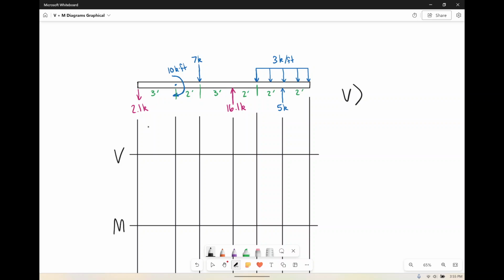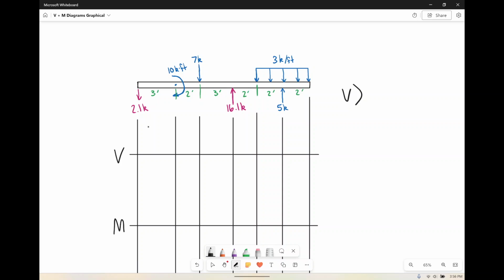For the shear diagram, if the load goes up, your shear diagram goes up. If your load goes down, your shear diagram goes down. If you have distributed loads, it's going to go down across every itty-bitty little step.